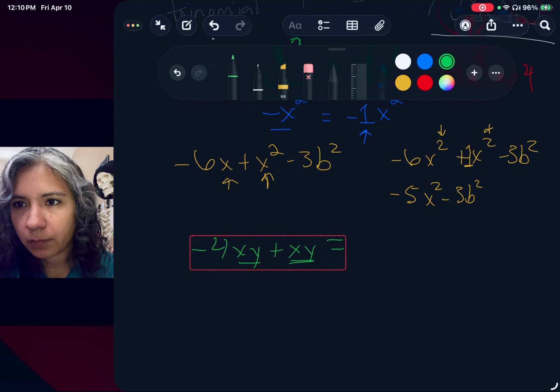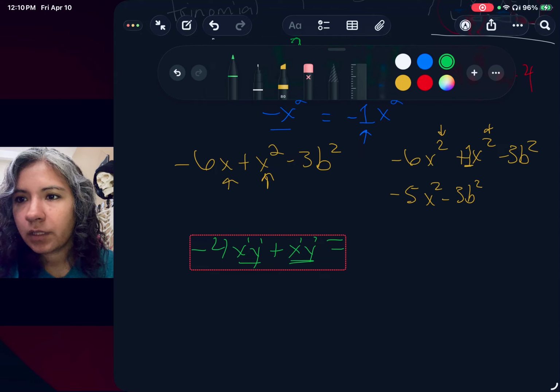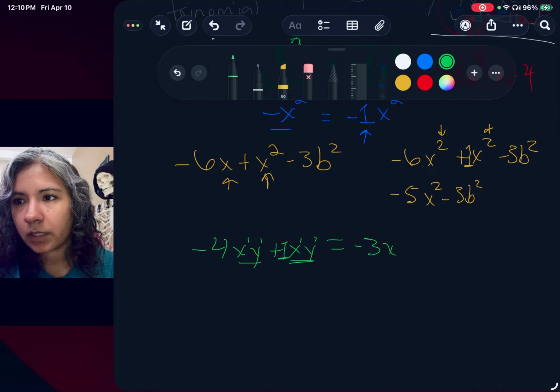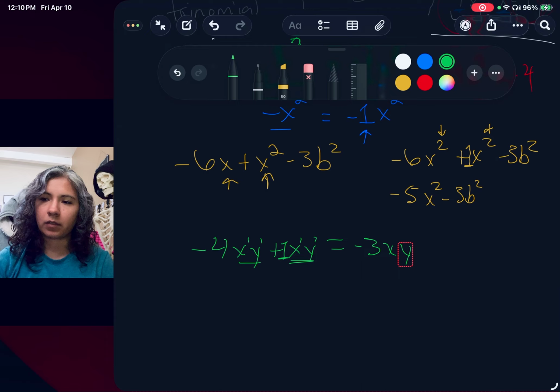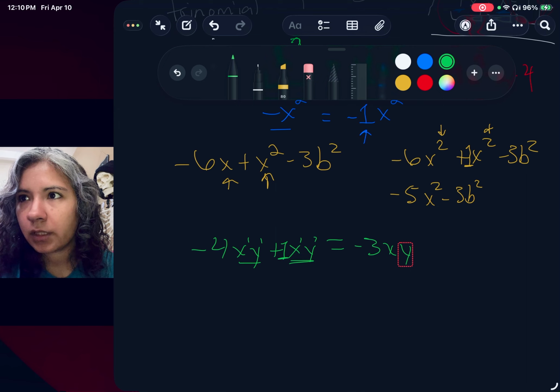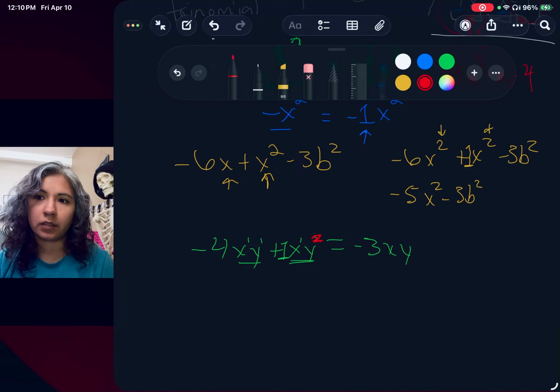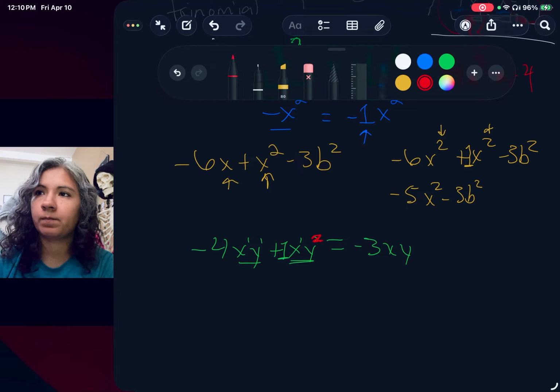They also have super secret ninja 1 exponents. But they have like terms. So you can add your super secret ninja 1 here and do -4 plus 1, -3, and leave your x and y. Right? You can combine those. If you had y squared here, they would be different. You couldn't combine them. You would have to leave them.